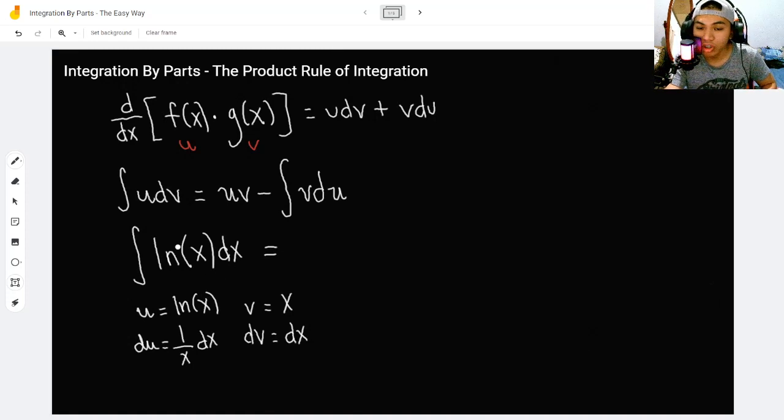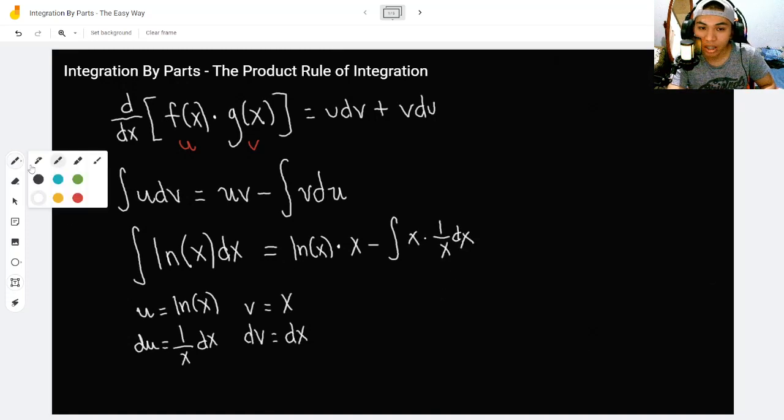So, the integral of ln x dx is equal to our u, ln of x, times v, which is x, minus the integral of v, which is x, times du, which is 1 over x dx.